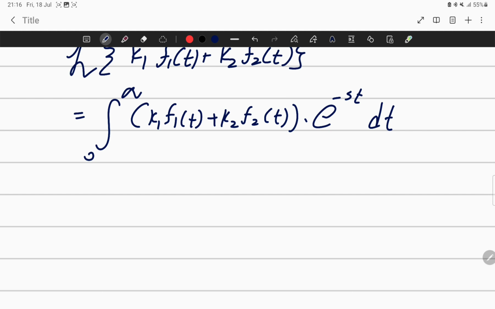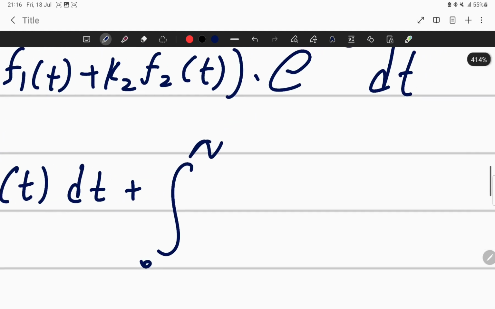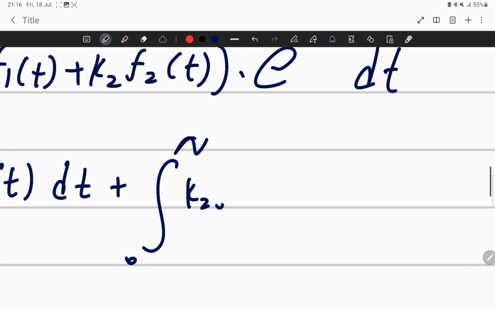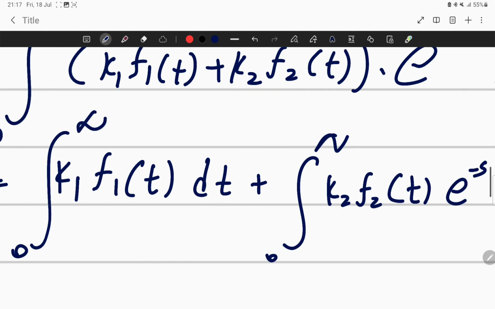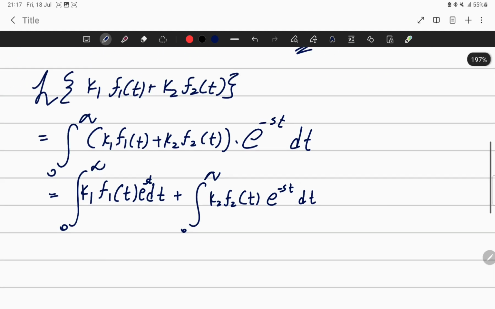Since integrals are linear, I can write this as the integral from 0 to infinity of k1 f1(t) e to the minus st dt plus the integral from 0 to infinity of k2 f2(t) e to the minus st dt.